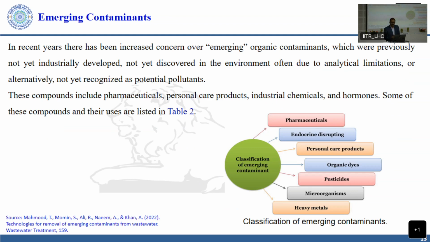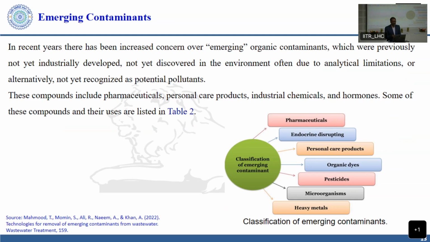Then organic dyes, and pesticides, which come from the agriculture field and are used to protect different types of fruits. Microorganisms are the different types of bacteria.